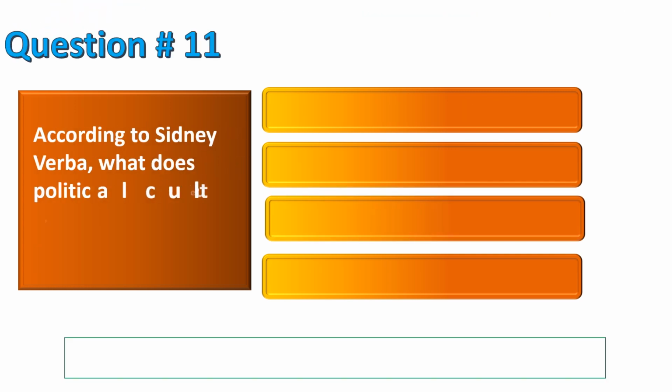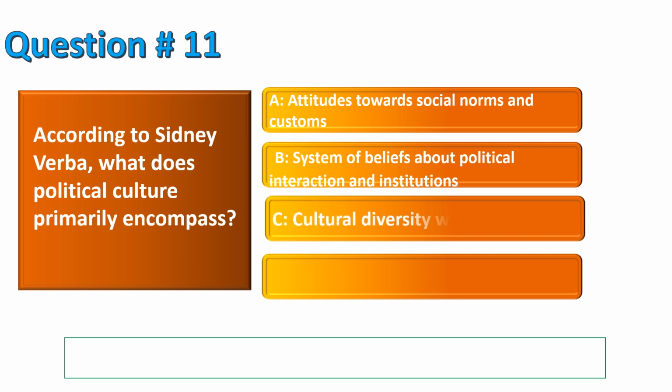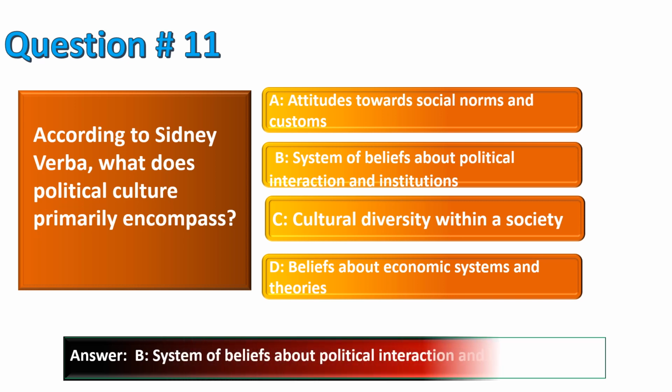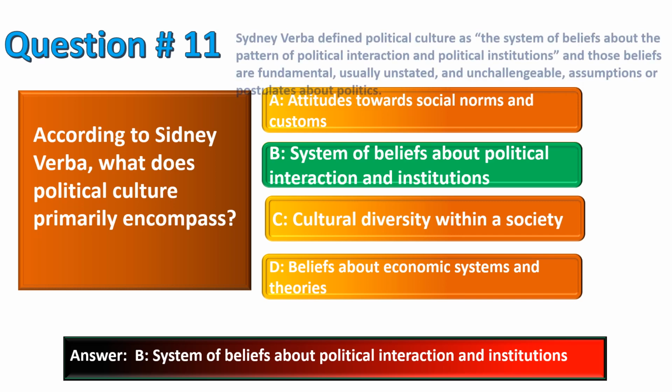According to Sidney Verba, what does political culture primarily encompass? Attitude towards social norms and customs, system of beliefs about political interaction and institutions, cultural diversity within a society, beliefs about economic systems and theories. The correct option is option B, system of beliefs about political interaction and institutions.